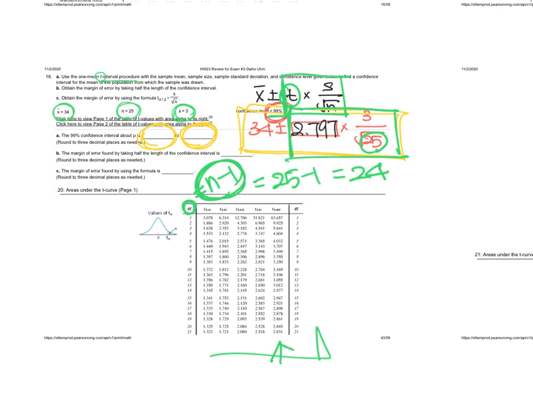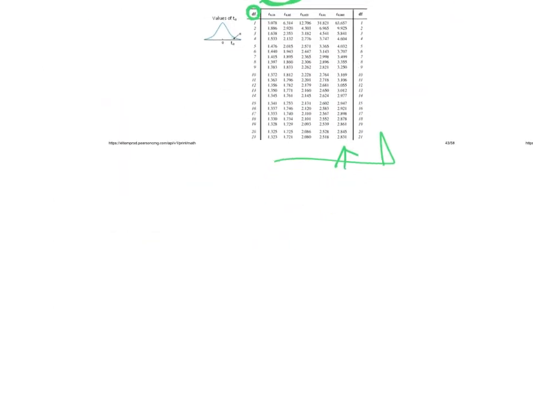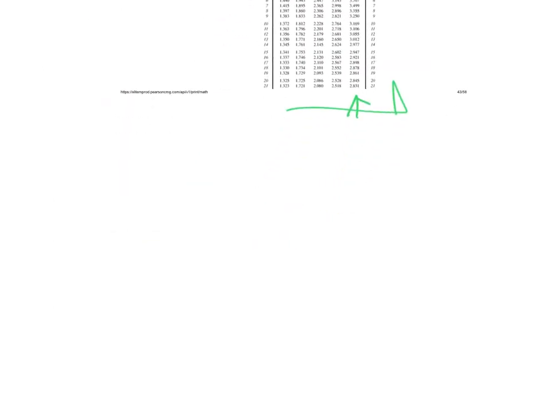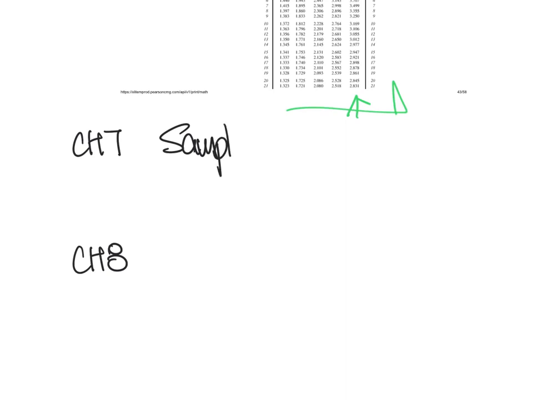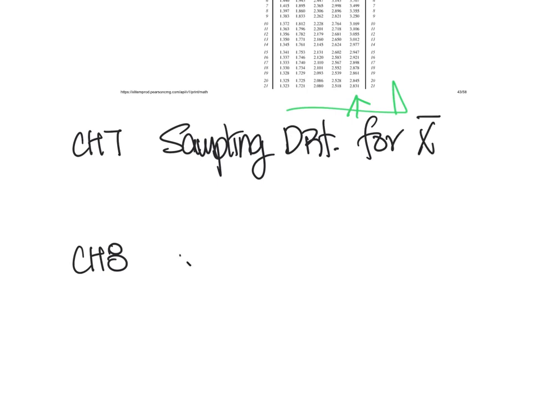Okay, so now I can summarize. This homework has two chapters, chapter 7 and chapter 8. Chapter 7 is the sampling distribution for the sample mean. And chapter 8 is a confidence interval for unknown population mean.